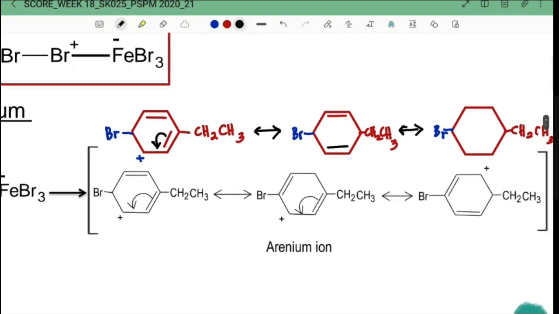And then 1, 2, 3. Arrow dia dua-dua bawah sama. Okay, kalau kita tengok kat sini, dia gerak, this one pun gerak.